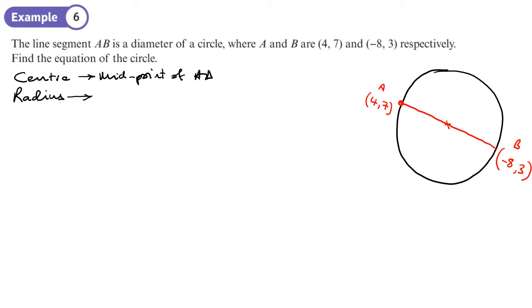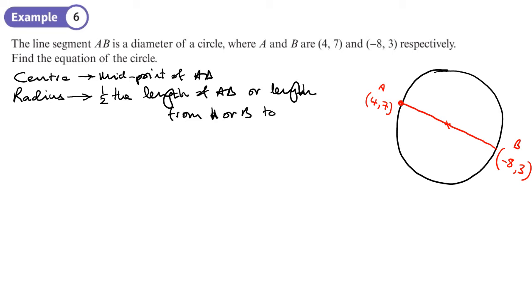Now what we could do, we could work out the length of AB and half it, or it's the length from A or B to the centre. I might go with the first one, because if I work out the centre wrong, I'm going to get the radius wrong. Find the length from A to B and half it. Let's start with the centre.